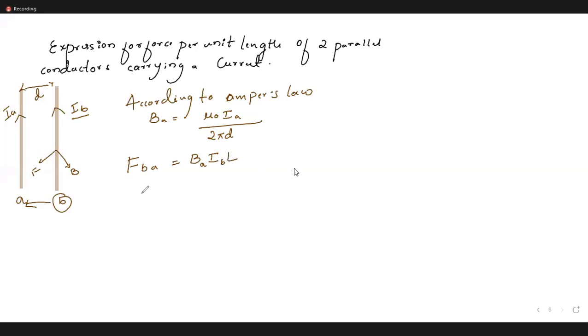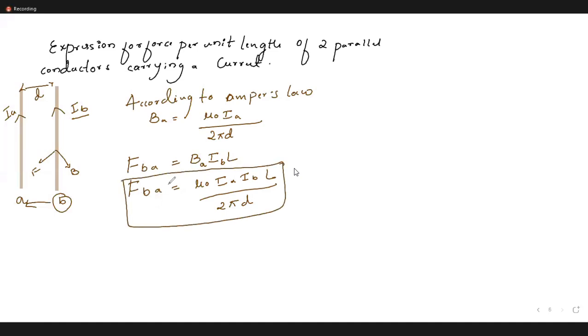So FBA is equal to BA into IB into L, which is mu naught IA IB L divided by 2 pi d. This is the force due to the two parallel conductors, from B to A.